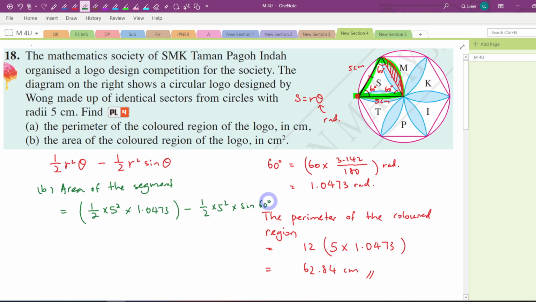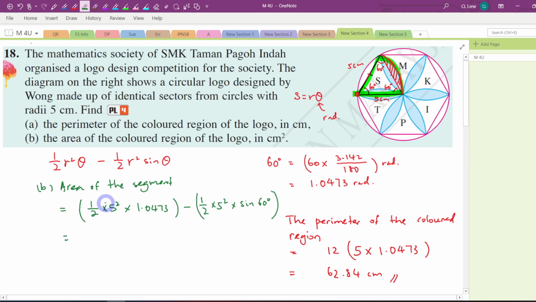Let's use our calculator: 0.5 times 5 squared times 1.0473, minus 1 over 2 times 5 squared times sine 60, which is 25 times square root of 3 over 4, or you can write in decimal.